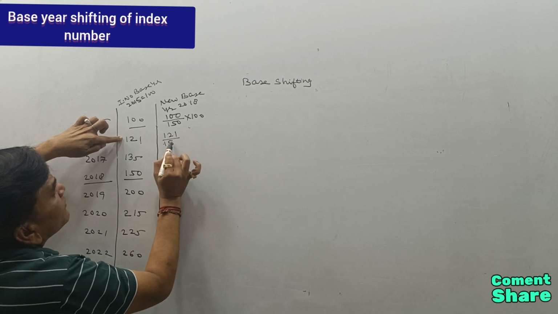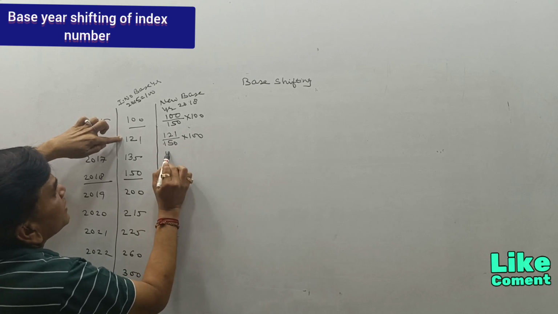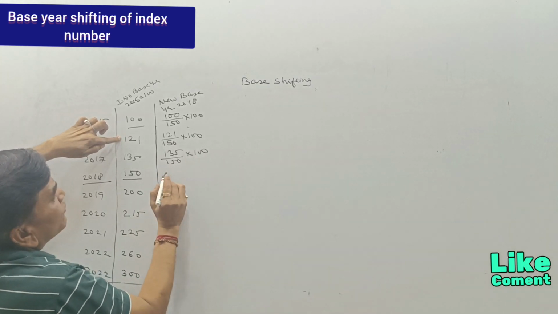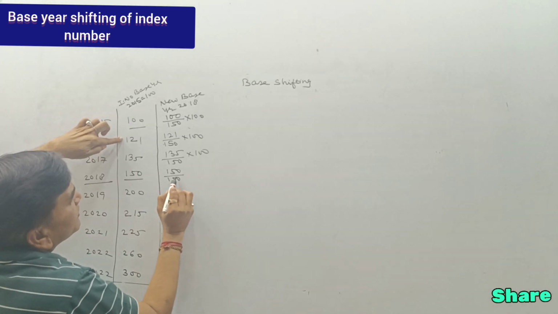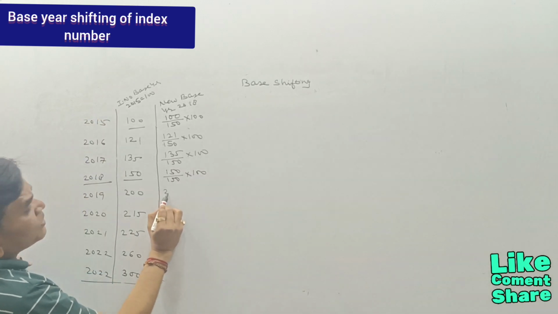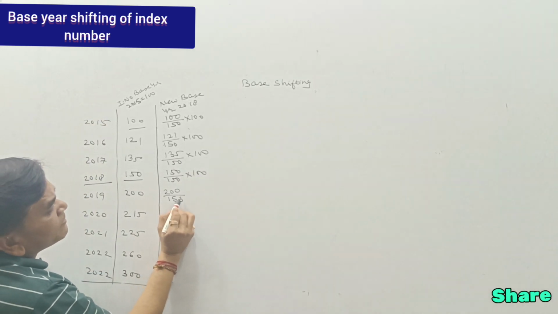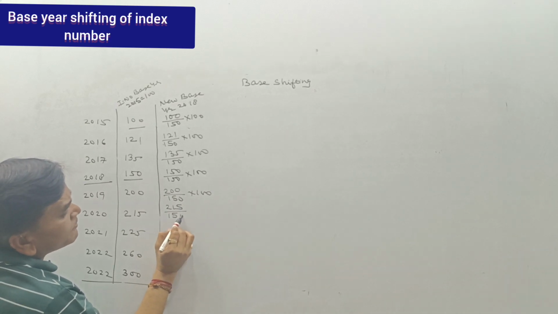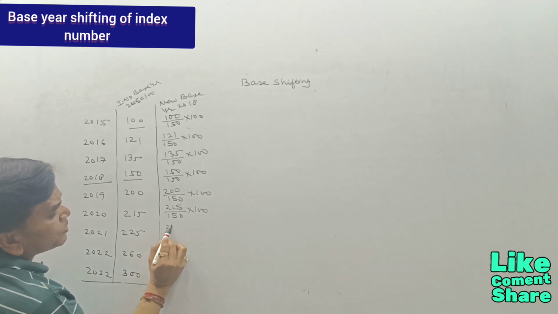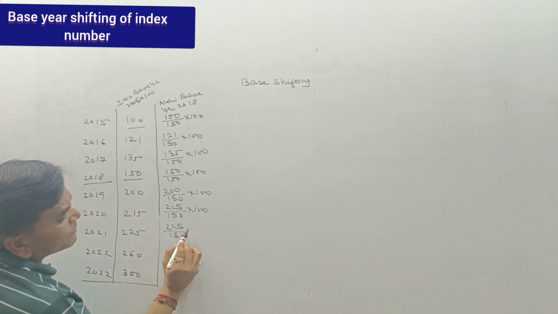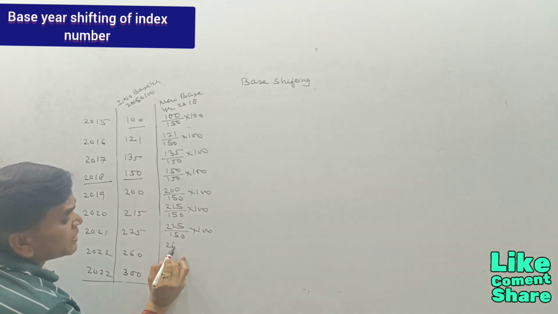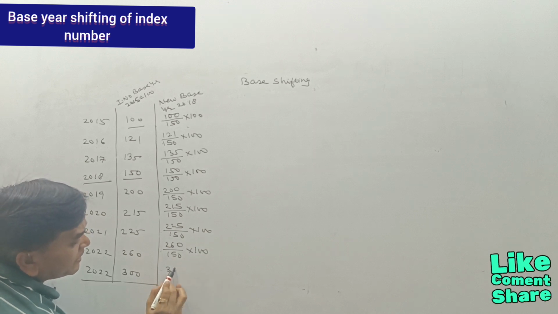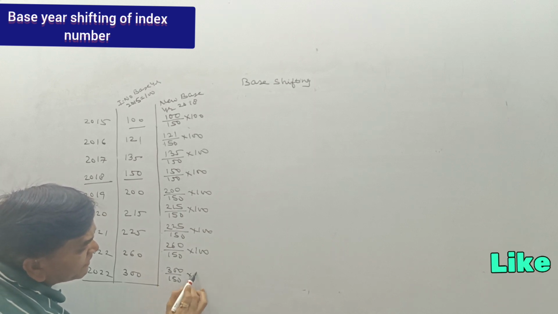So 121 divided by 150 multiplied by 100, 135 divided by 150 multiplied by 100, 150 divided by 150 multiplied by 100, 200 divided by 150 multiplied by 100, 215 divided by 150 multiplied by 100, 225 divided by 150 multiplied by 100, 260 divided by 150 multiplied by 100, and 300 divided by 150 multiplied by 100.